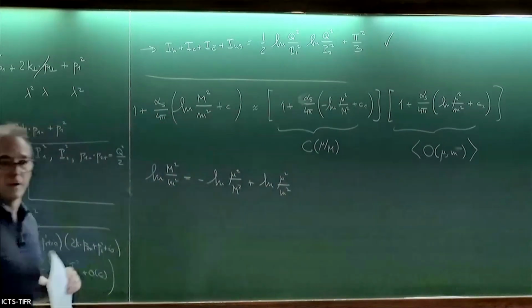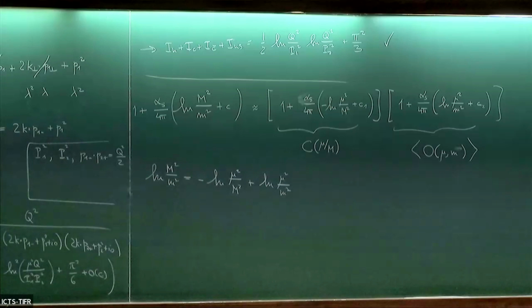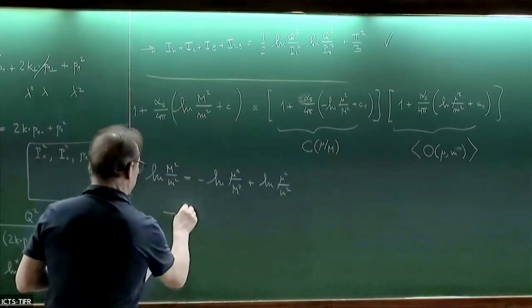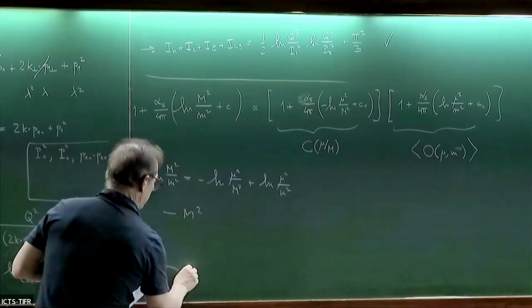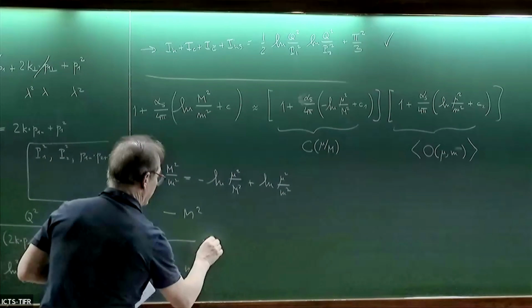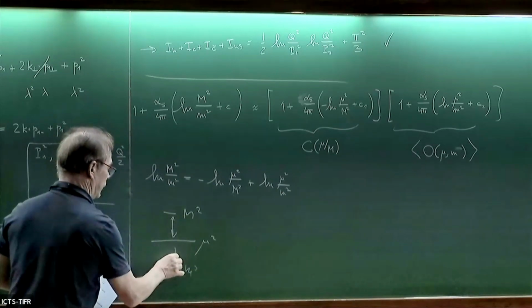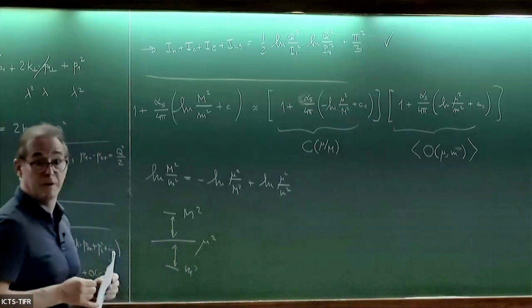Just the addition theorem for logs. So mu here enters as an artificial separator, right? You have two scales which are far apart, and you introduce a line here, mu square, and you say, okay, from here to here, it's my Wilson coefficient, and from here to here, it's my matrix element.